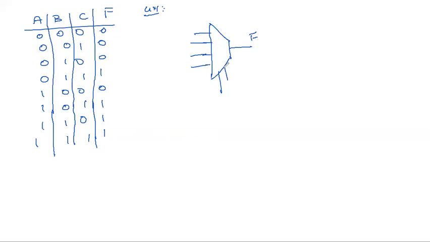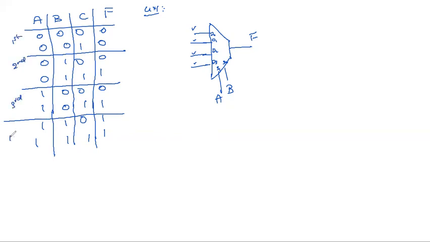Now we have only 2 selection lines, S0, S1. Here D0, D1, D2, D3. Now write AB here, AB. And divide here how many inputs? Only 4. So divide this part into 4: first part, second part, third part, and fourth part.